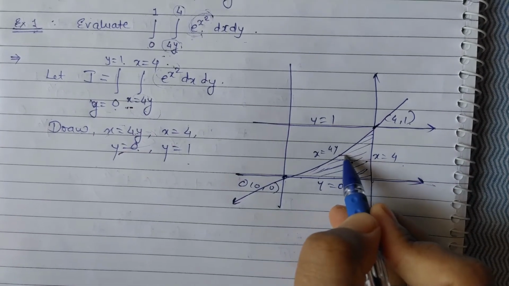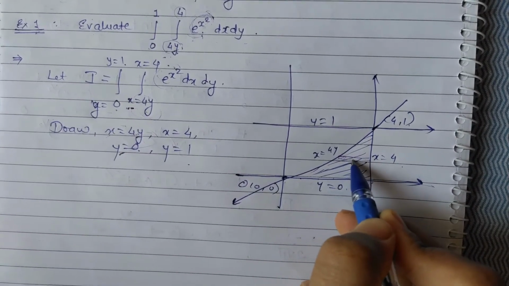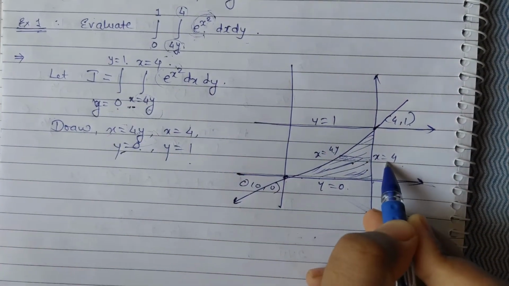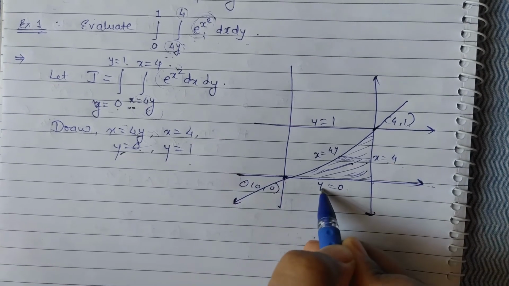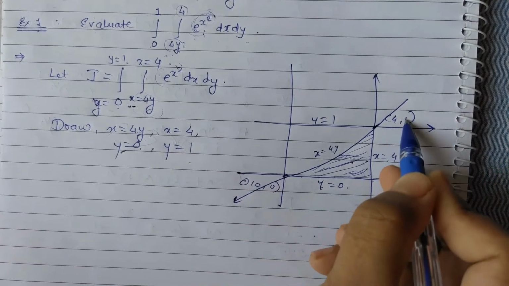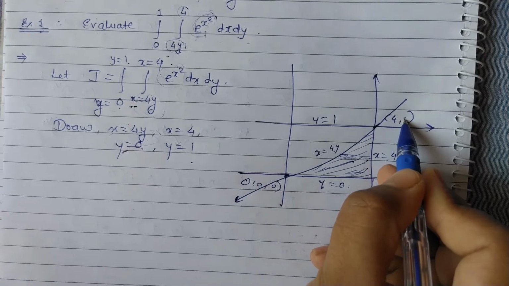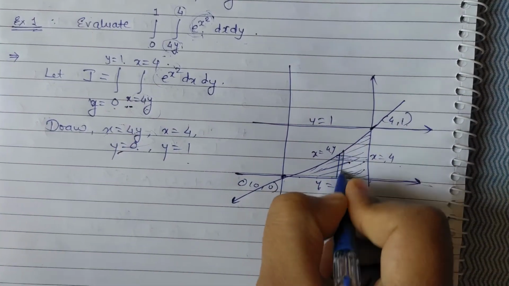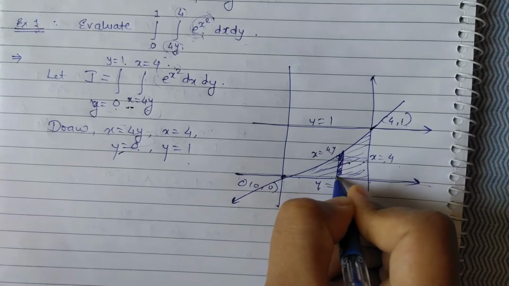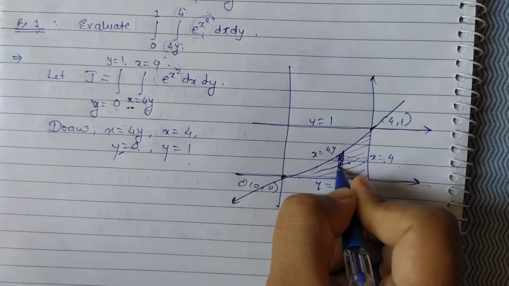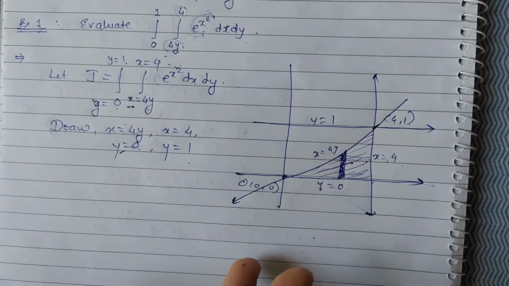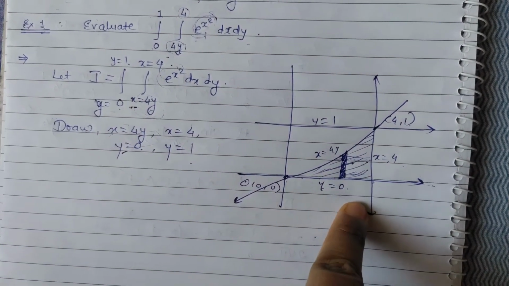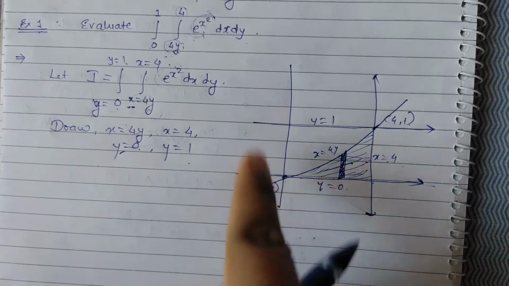If we draw a horizontal strip here, x is equal to 4y is the lower limit and x is equal to 4 is the upper limit, and y equal to 0 is the lower limit and y equal to 1 is the upper limit of y. But what we need to change is to draw a vertical strip. Changing the order of integration is nothing but the change of strip. If a horizontal strip is given, we change it to a vertical strip and vice versa.